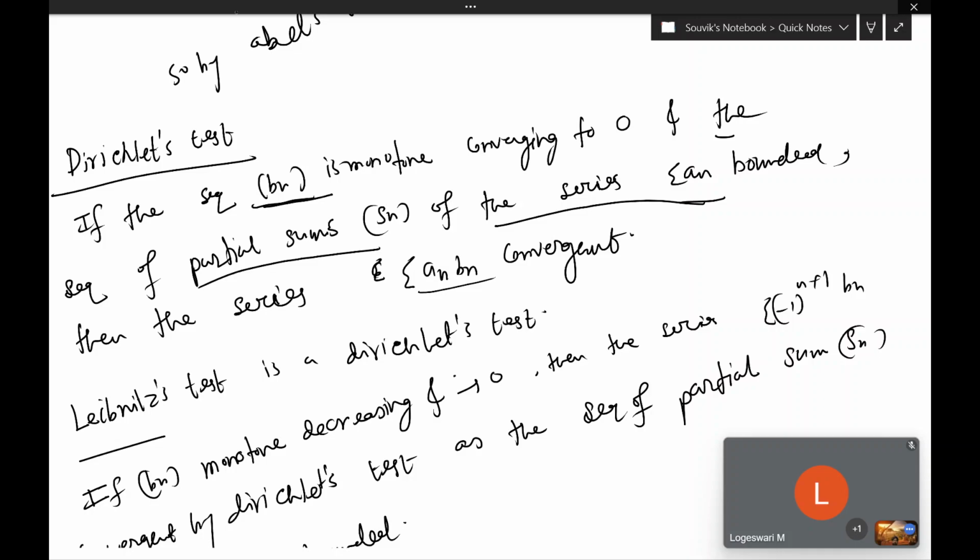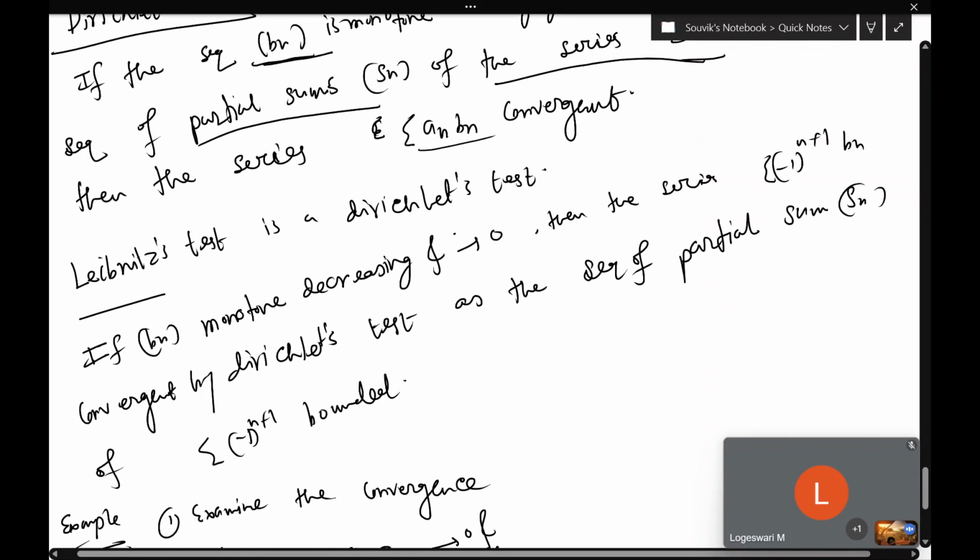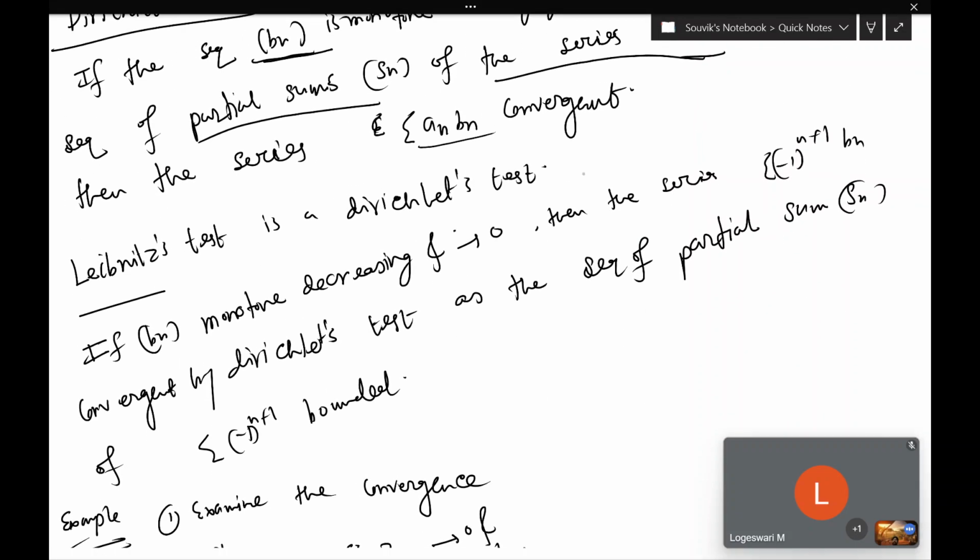And next, we have shown that the Leibniz test is nothing but a special case of the Dirichlet test.